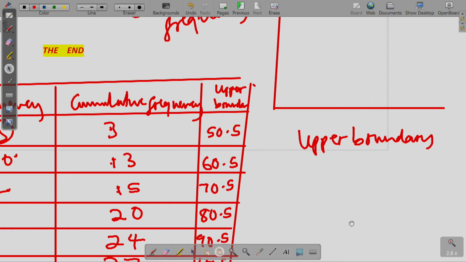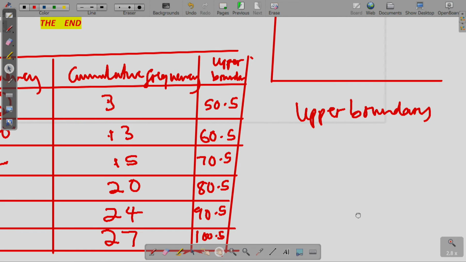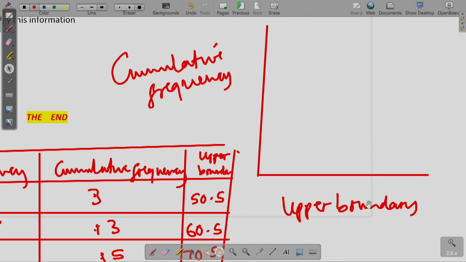Cumulative frequency ranging from 3 to 27. So here 0, here you can put 5, 10. To obtain a proper graph, you should draw on the graph paper. 25, and here 30.